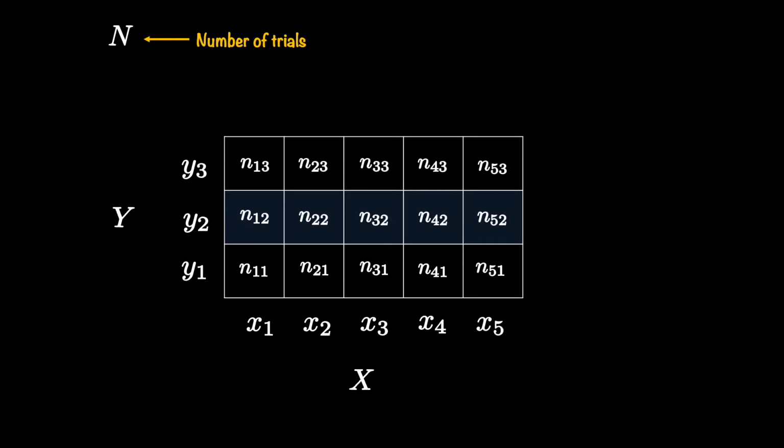The little n with subscript in the table indicates the count, or number of times, the combination of states happened. For example, the number of times you observed the combination x4 and y2 is indicated using n42, the orange colored entry.